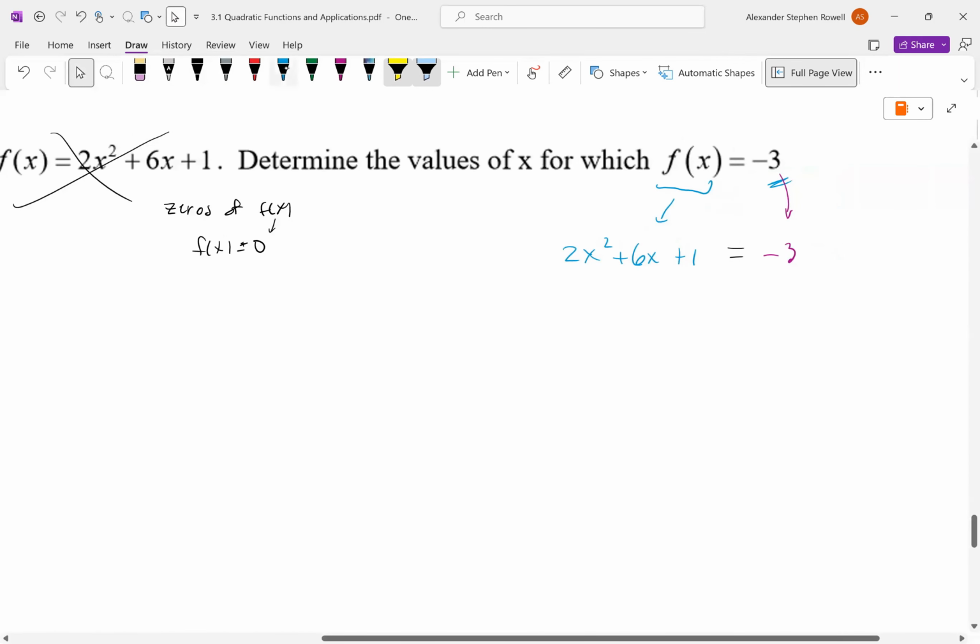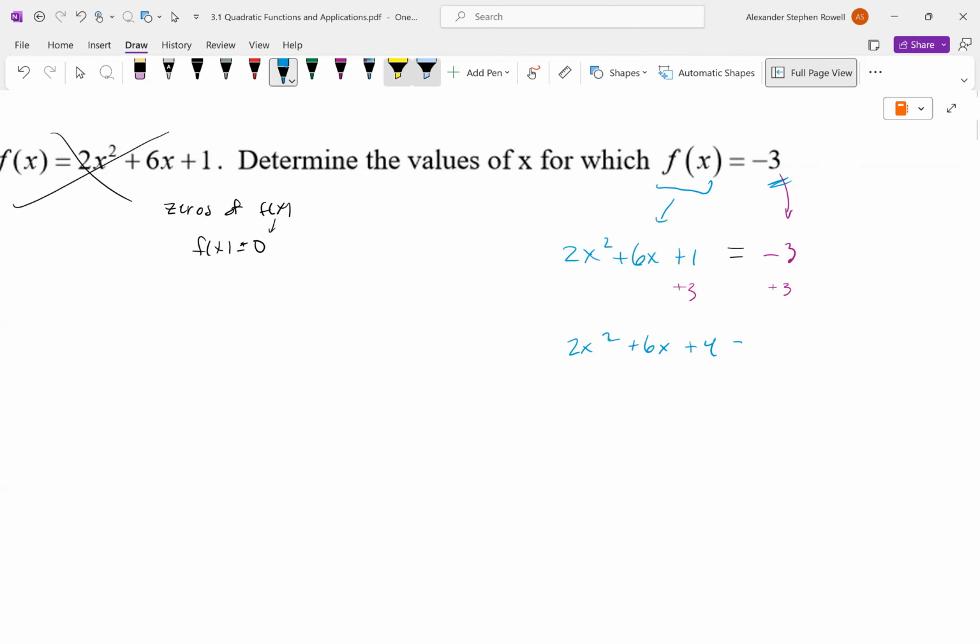Okay, so then we solve. How do you solve quadratic equations? We usually make one side 0, right? 2x squared plus 6x plus 4 is equal to 0. What's the fastest method to solve these? Factoring if it works. Quadratic formula, completing the square. I'm going to divide both sides by 2, because it's an equation, I can divide instead of factor. So then I get x squared plus 3x plus 2 is equal to 0.